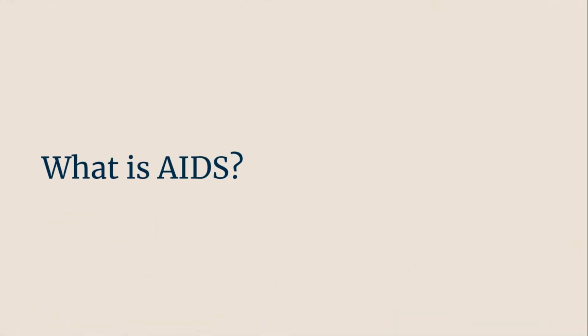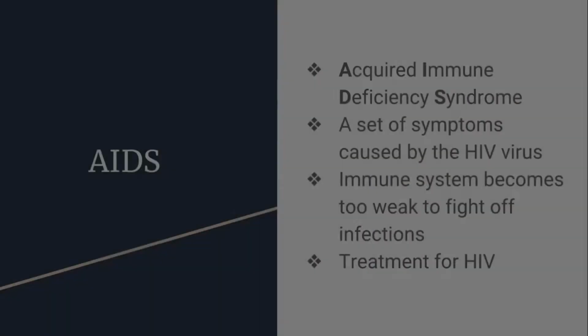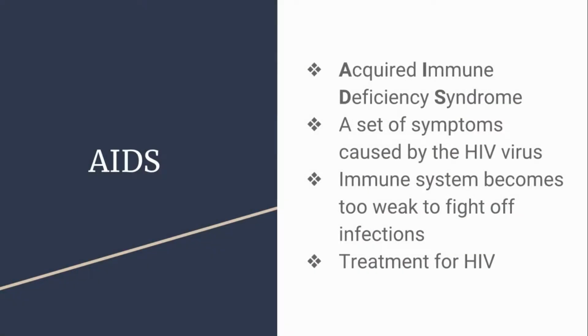Alright, so what is AIDS? AIDS stands for Acquired Immune Deficiency Syndrome, and it is also known as Advanced HIV Infection, Late Stage HIV, or Stage 3 HIV. AIDS is a set of symptoms caused by the HIV virus, and it is the last stage of HIV. It is also possible to have HIV without developing AIDS.